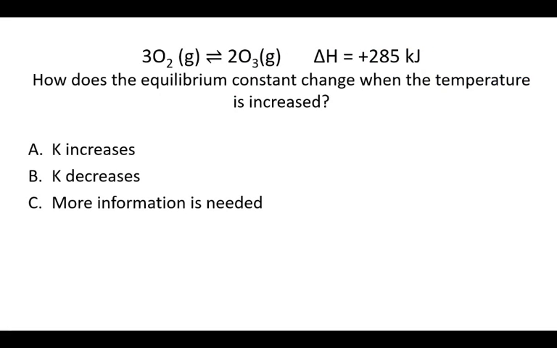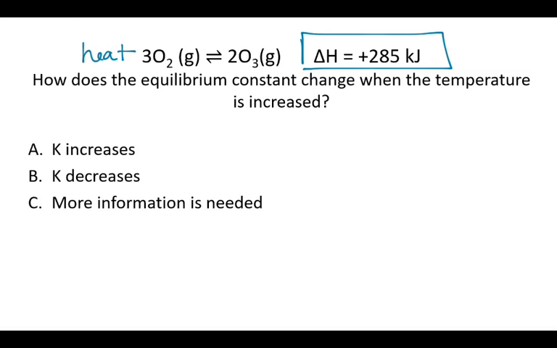So how do we know whether a reaction is endothermic or exothermic? Well, we need to be given a value of delta H, or find some way of finding it. So here for this reaction that we looked at before, how does the equilibrium constant change when the temperature is increased? We see here that this reaction is endothermic because delta H is positive. So that means that we can think of heat here as a reactant.